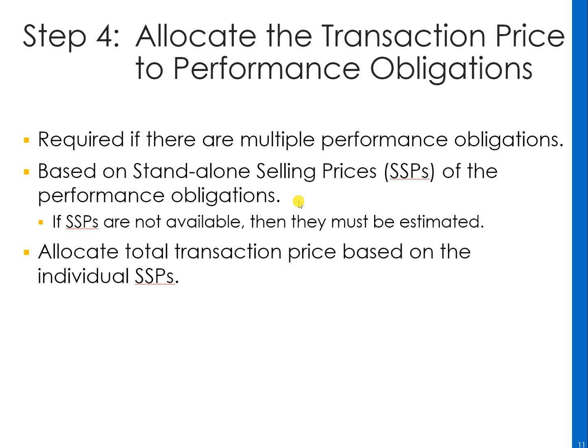For example, the standalone price for obligation A is, let's say, $100, and obligation B, $100, and in the contract, the transaction price is $100 for both obligation A and B together. In this case, we can recognize $50 selling price for obligation A, and $50 selling price for obligation B, based on the standalone selling price standard.